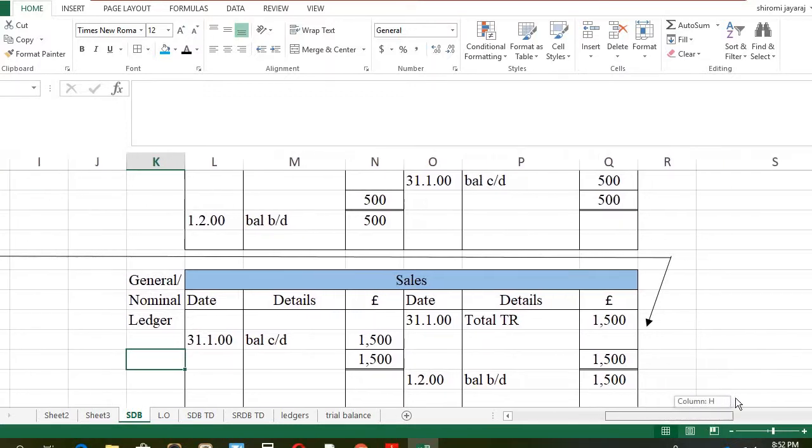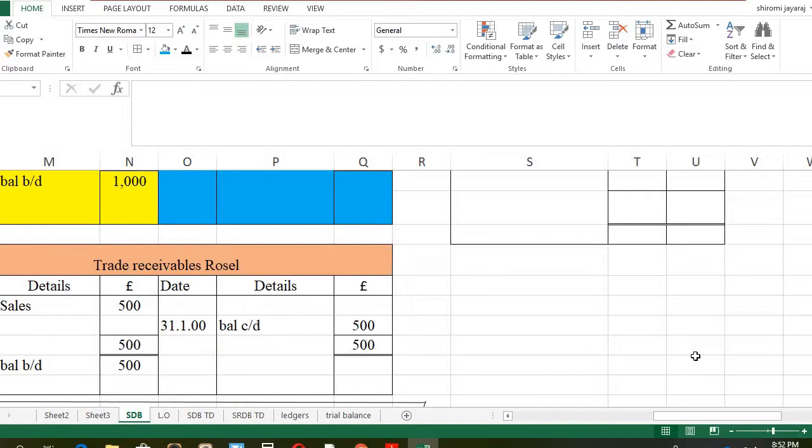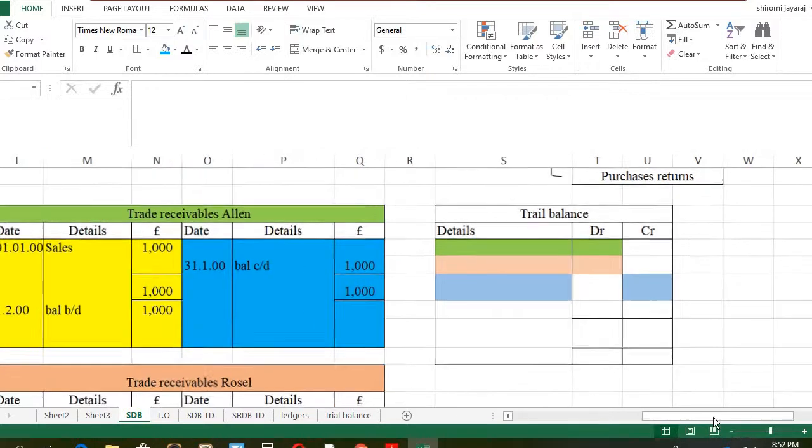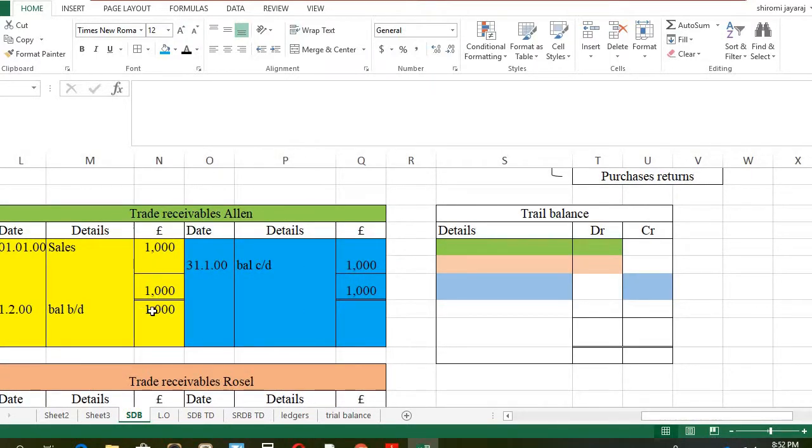Now let's post entries to the trial balance from the ledgers that we had balanced. Trade receivable has a debit balance. Remember, the balance brought down value should be transferred to the trial balance. Trade receivable Allen has a debit balance of 1,000.